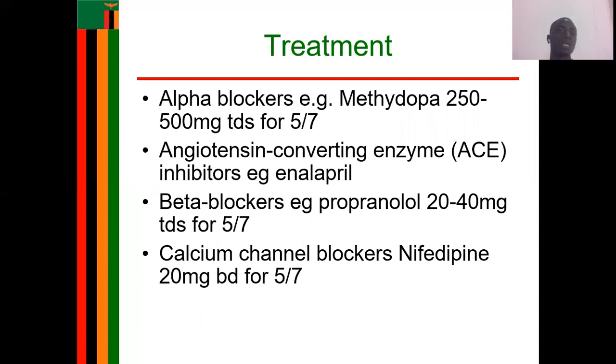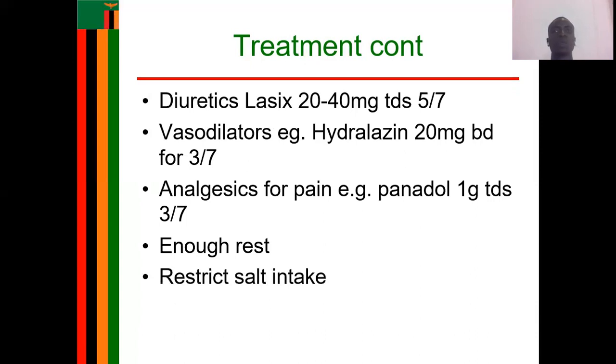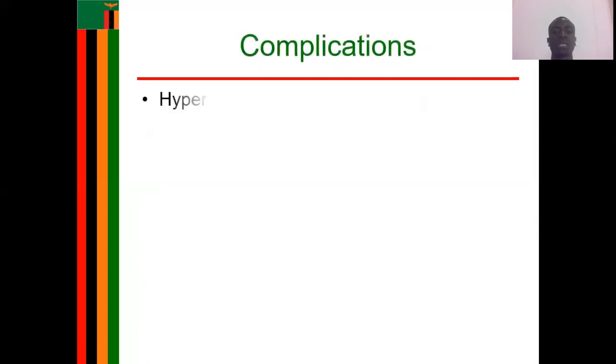You can give calcium channel blockers such as nifedipine, and diuretics such as furosemide or Lasix 20 to 40 milligrams. Vasodilators such as hydralazine can also be given. You can give an analgesic for pain, 1 gram, and also restrict the patient's salt intake.